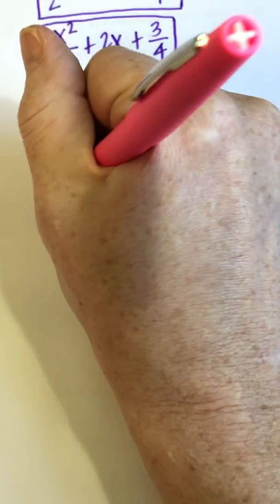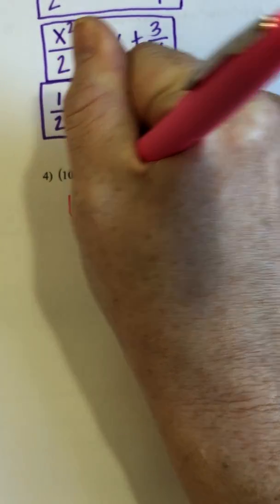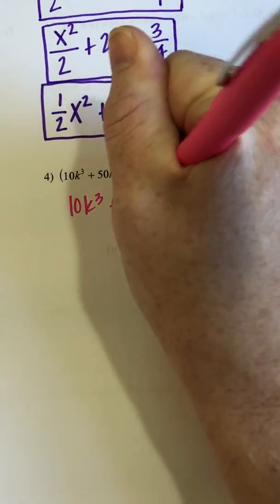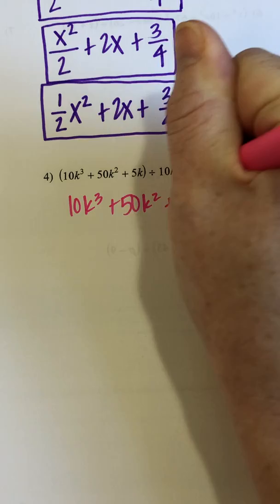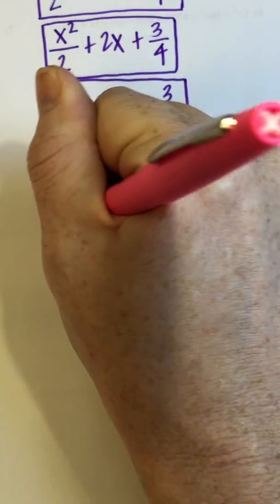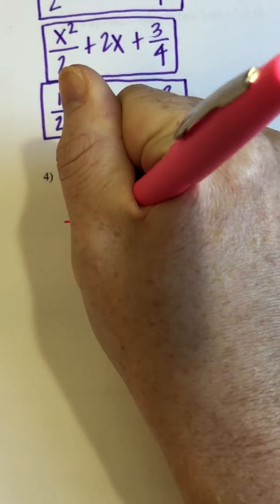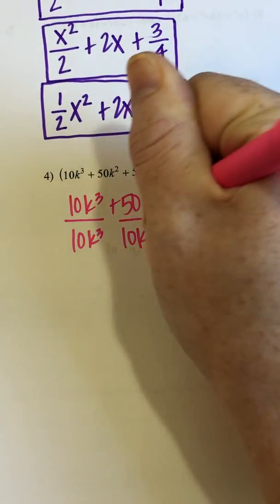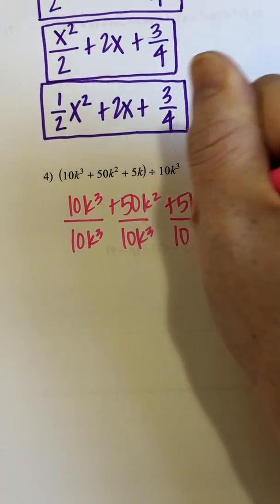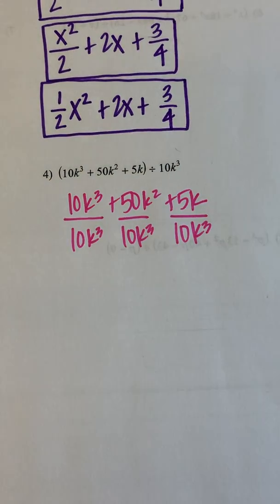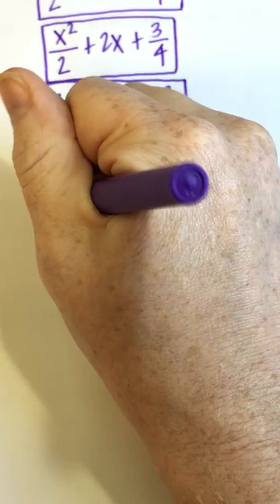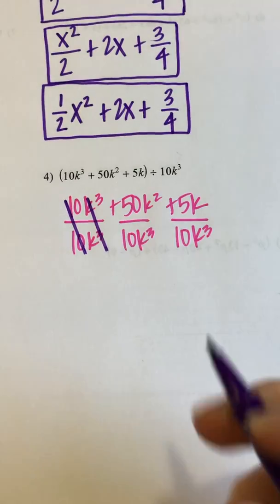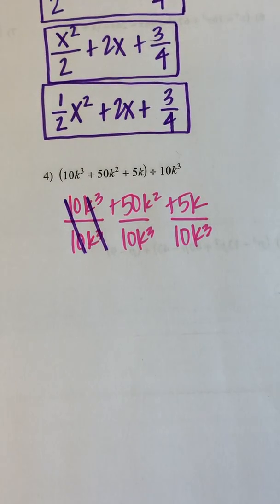Okay, checking your work. Check yours against mine. When everything cancels out, can I put 0?